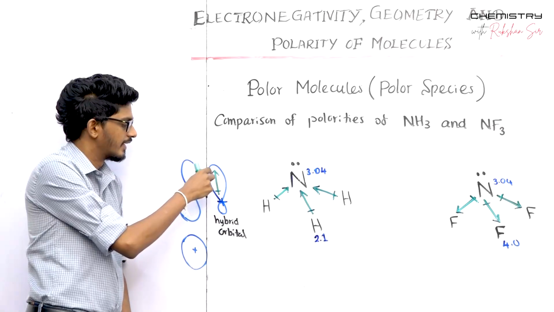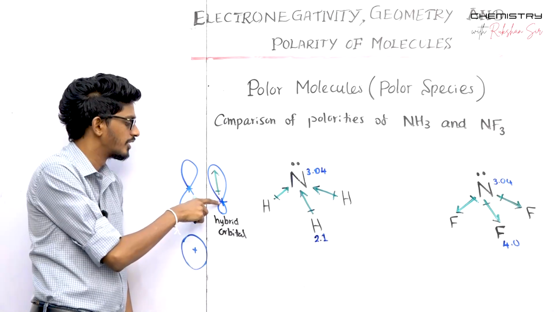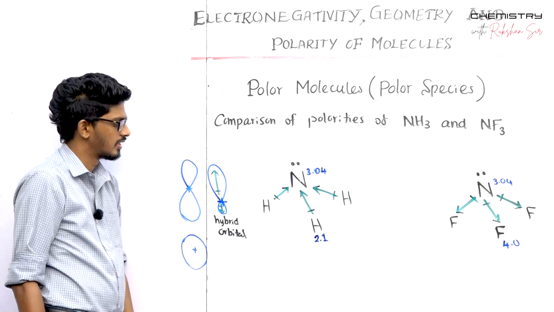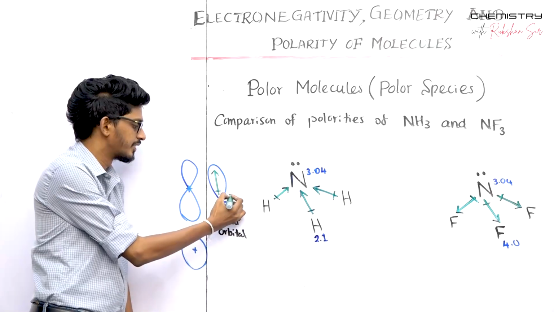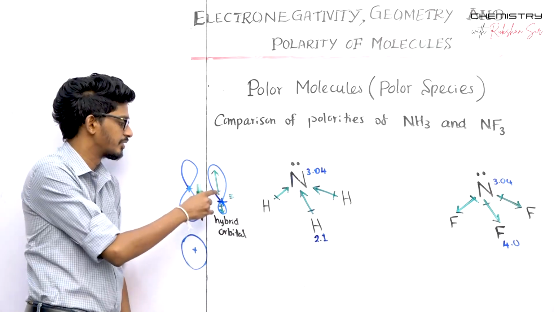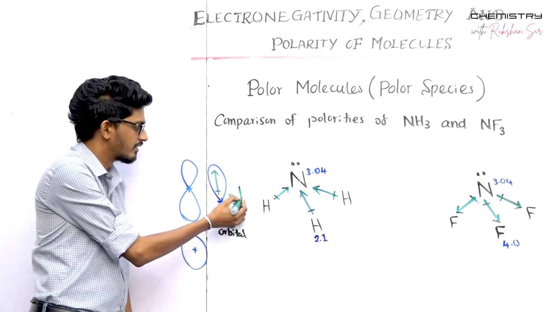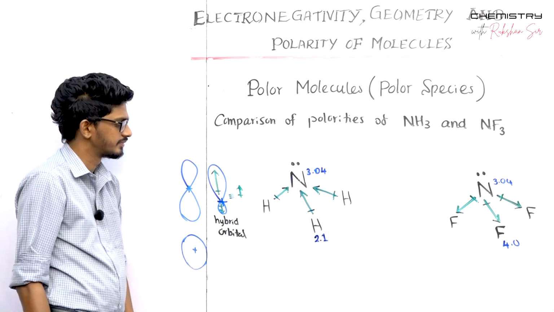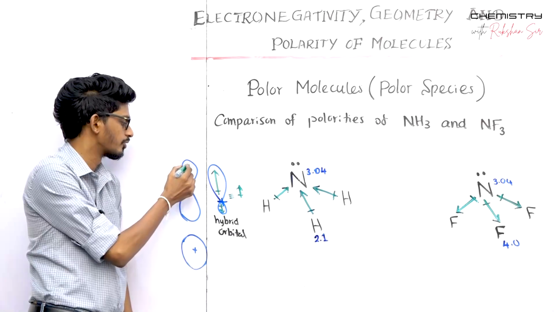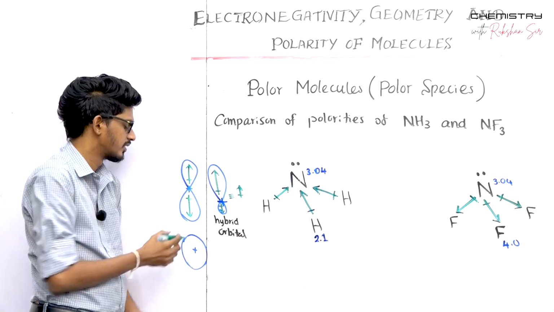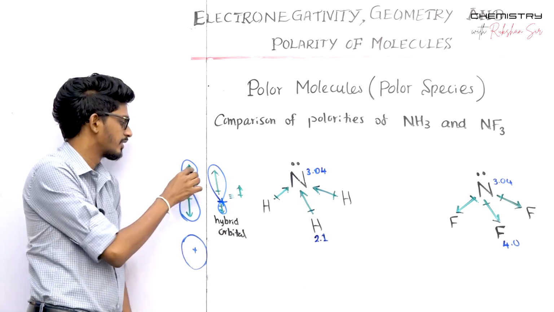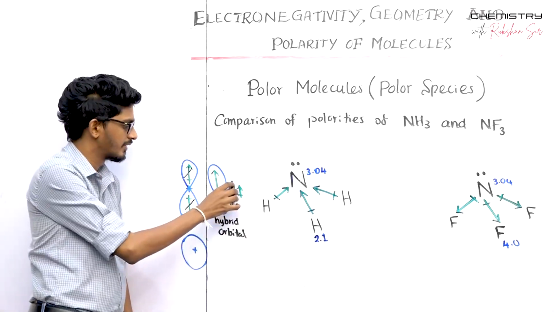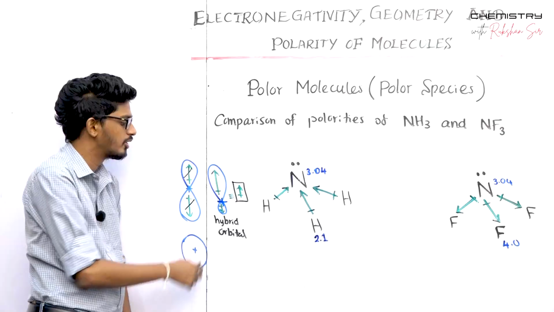This is the area with higher electron density and this is the area with lower electron density close to the nucleus. After cancelling of some extent of this dipole moment, it will come up with a small dipole moment like this, towards upwards. But here these will cancel off, no? This one will be equal to this one, so these two things will cancel off. But not here. So you will come up with a little dipole moment appearing with the hybrid orbitals.